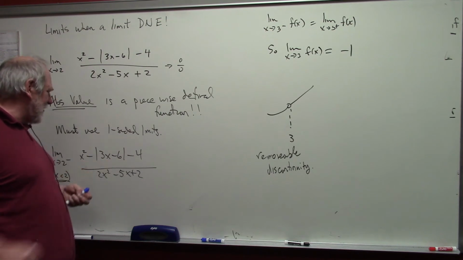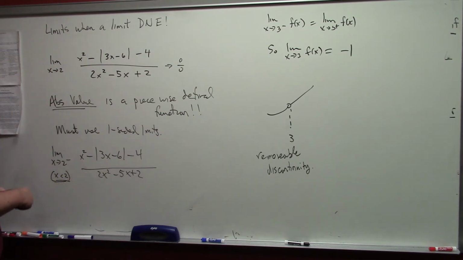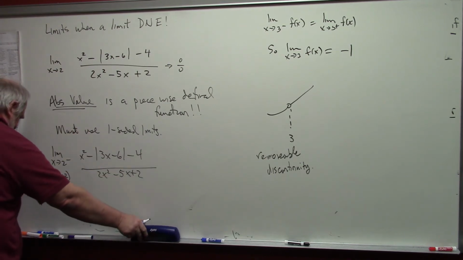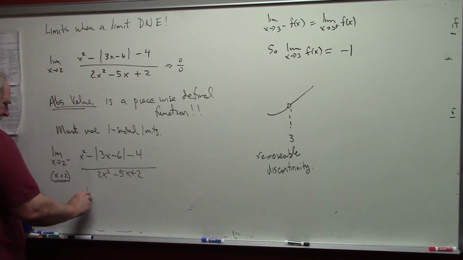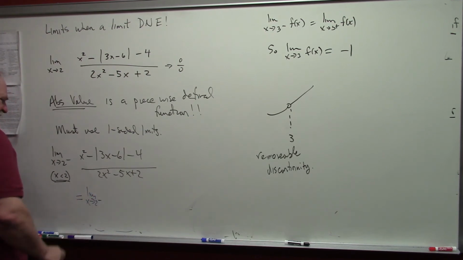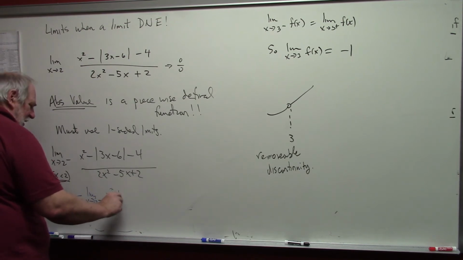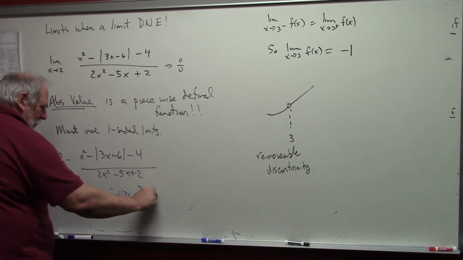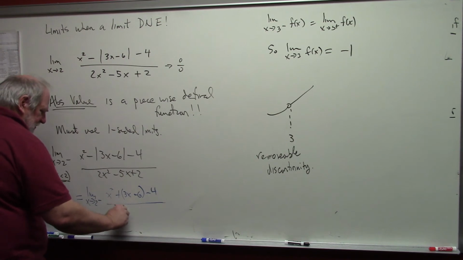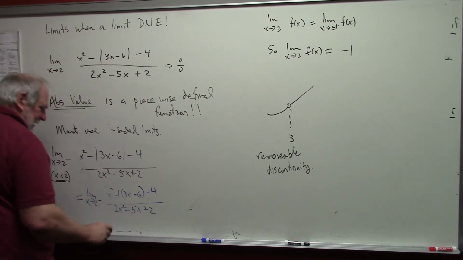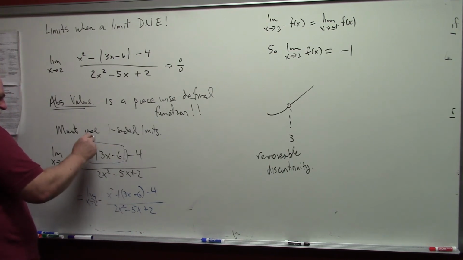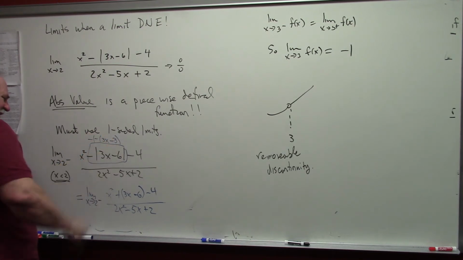That means the absolute value of 3x minus 6 is really the negative of 3x minus 6. And so this becomes the limit as x approaches 2 from the left of x squared plus 3x minus 6 minus 4 all over 2x squared minus 5x plus 2. It's really a double negative. This is really minus the negative of 3x minus 6 when I take it out of the absolute value.